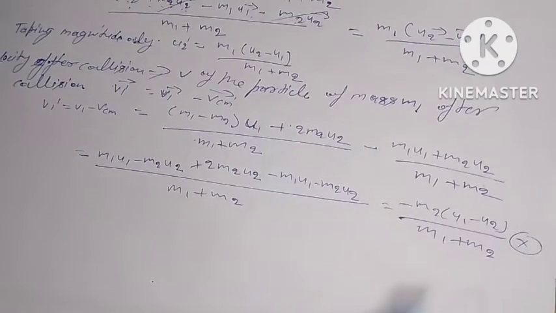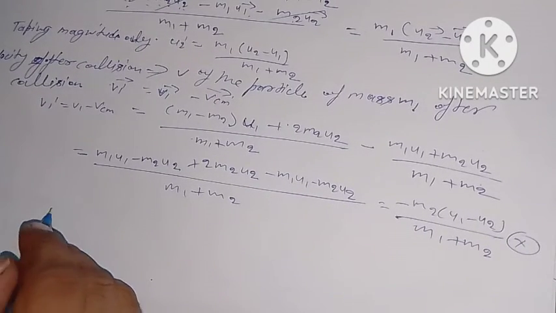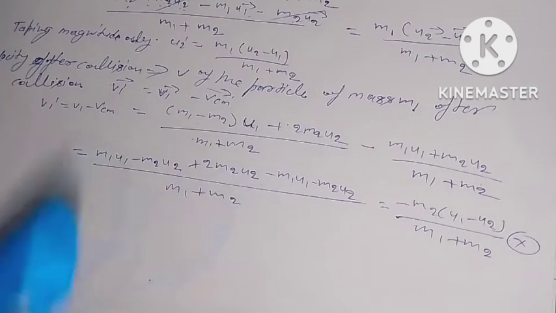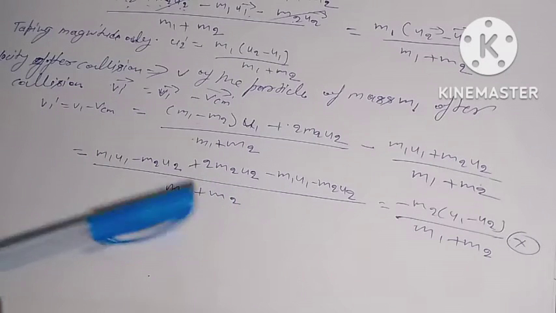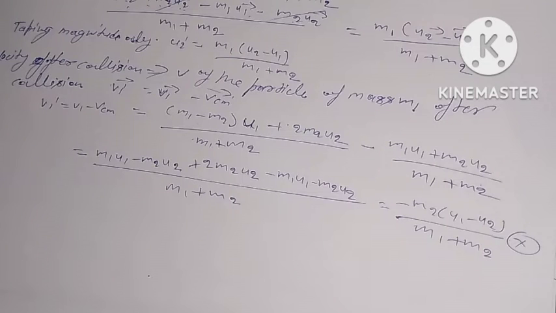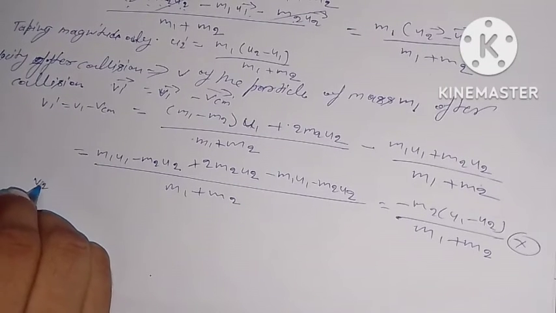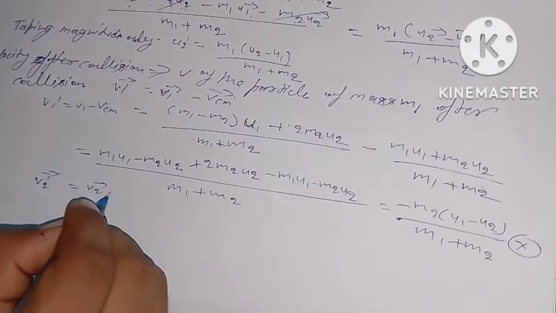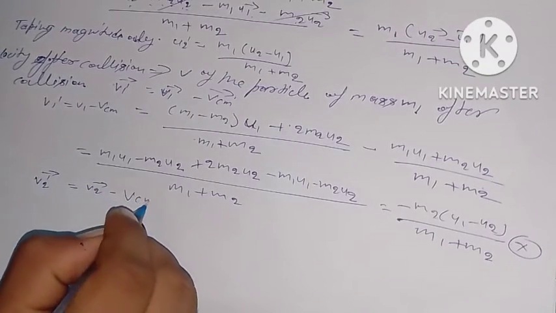This is equation number 10. The velocity of the particle of mass m2 after collision in the center of mass frame according to Galilean transformation is given by v2 dash vector equals v2 minus VCM.